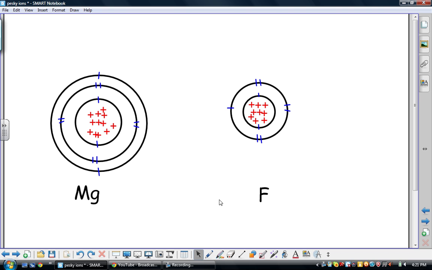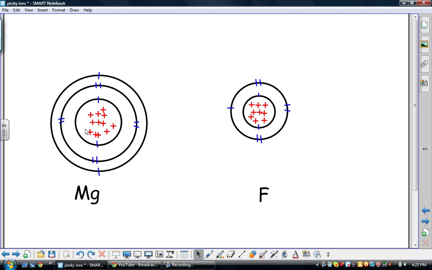We've got magnesium and fluorine here, and here are our Bohr diagrams. Magnesium has 12 protons in the nucleus. They're the positively charged things. Notice I don't have the neutrons there. The neutrons are important, they're just not important to this particular discussion, so I've left them out so that we're not worrying about them. And then it's got 12 negatively charged electrons, and here they are in the energy levels.